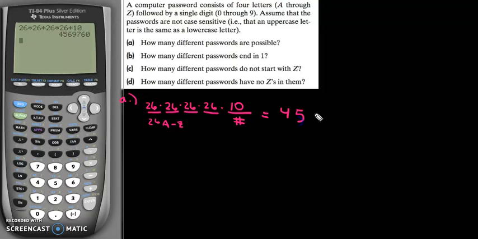So 4, 5, 6, 9, 7, 6, 0. Put my commas in after. So looks like about 4.5 million choices if those are the rules for passwords.